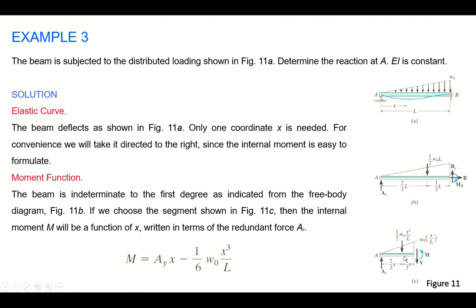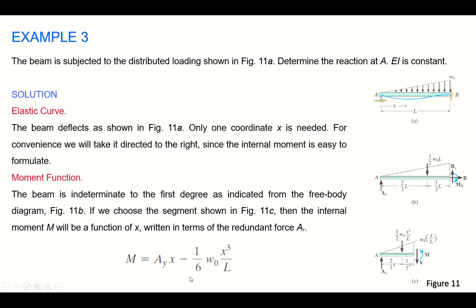And when we are talking about this segment, it will be equal to half of W naught into x square by L. Alright, so this force, half W naught x square by L, is acting at a distance 1/3 of the x. So the x multiplied with x square will be x cube, and 1/3 into 1 by 2 will give you 1 by 6.